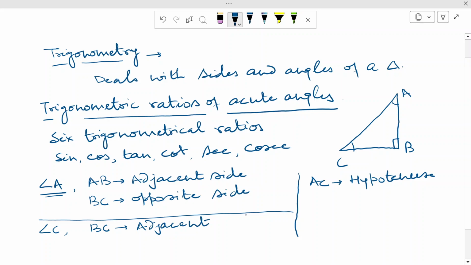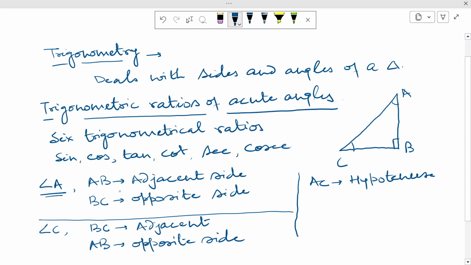Angle C is adjacent to side BC, and AB is the opposite side. As you can see, for angle A, AB is the adjacent, but for angle C, AB is the opposite. So, the sides will be reversed.